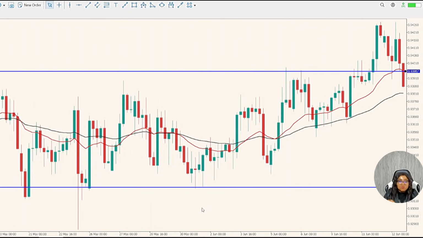The market would use that opportunity to clear the stop losses that are placed above the last high, above the last low. So instead of the price getting exactly to the resistance level, a lot of the time there will be a spike like this. It will look like, oh, this is ready to continue down. It goes down, it takes out all the stops there, and then it comes back inside.